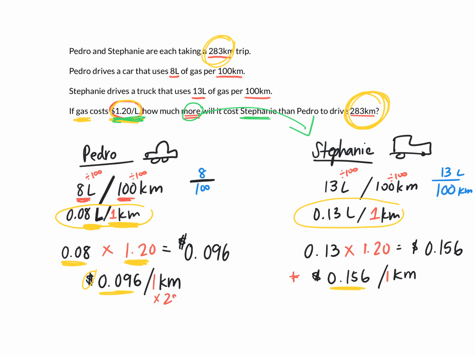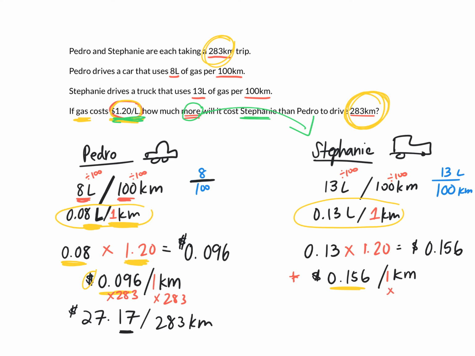So I would have to multiply this by 283 to figure out what it is for 283 kilometers, which means we take this 0.096 and multiply it by 283 to get the rate. So 0.096 times 283 is 27.168. So I'm going to round that off to the nearest penny. So it's $27.17.